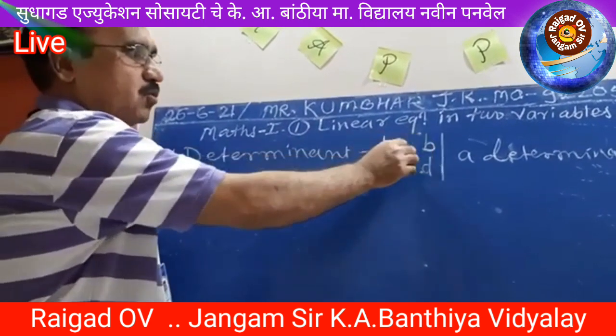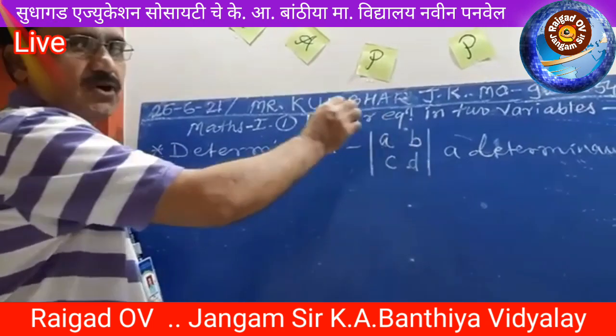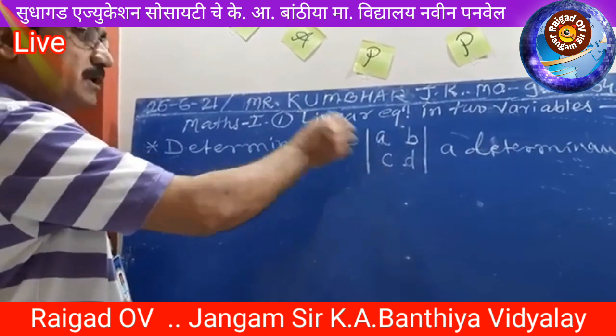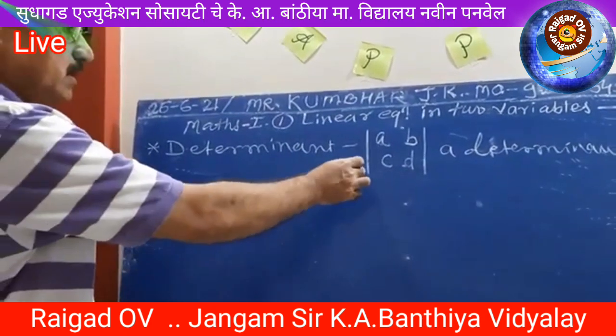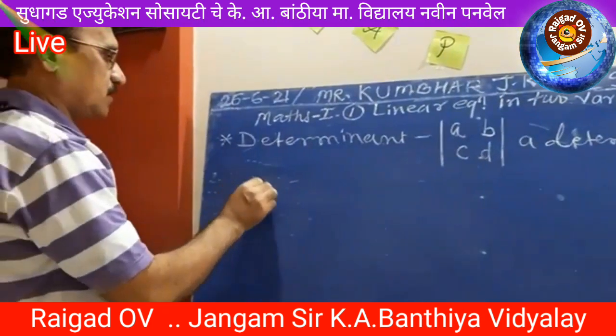And here there are only two elements in each row and each column. Therefore, the degree of this determinant is 2. Now, we have to find the value of this determinant.